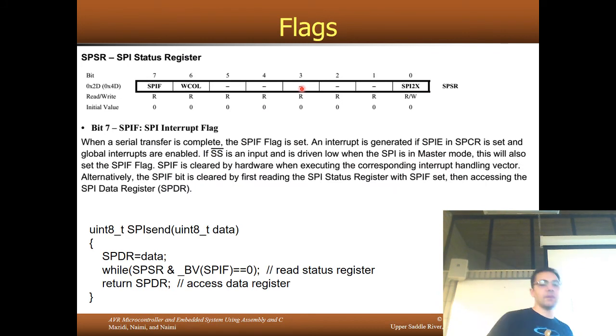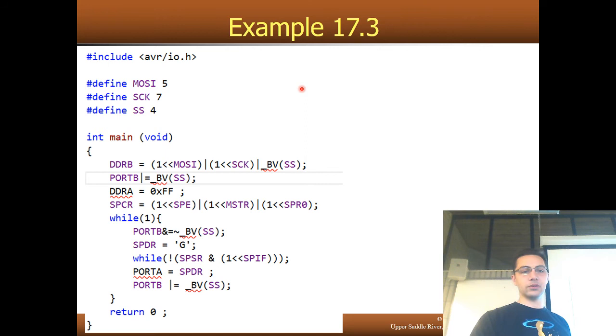The SPIF flag deserves a little bit of extra looking about here. And I brought this right out of the data sheet. Particularly, SPIF is cleared by the hardware when you execute an interrupt handler. So that's nice. Interrupt vector will automatically clear it. In my code, though, just now, I didn't use interrupts.